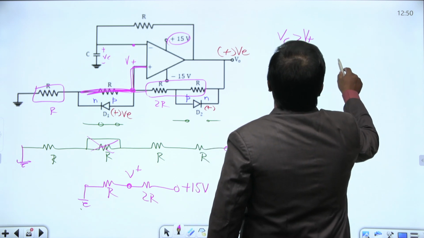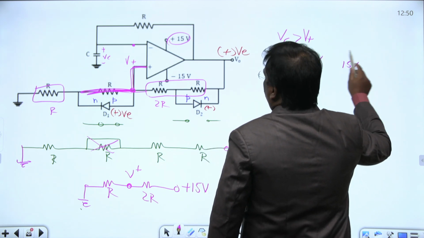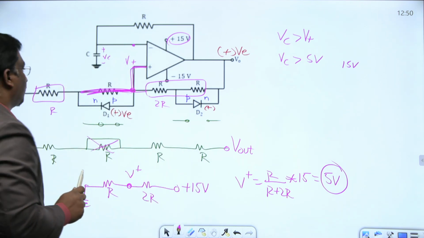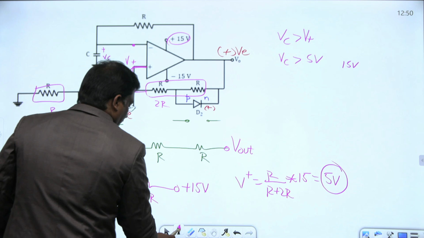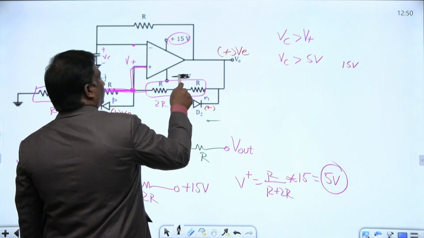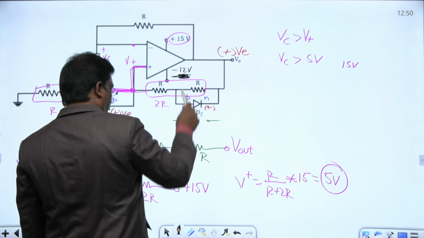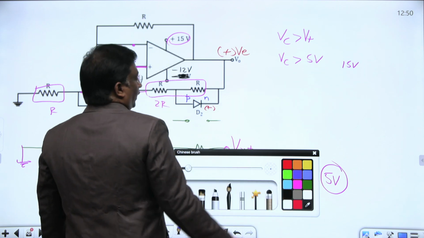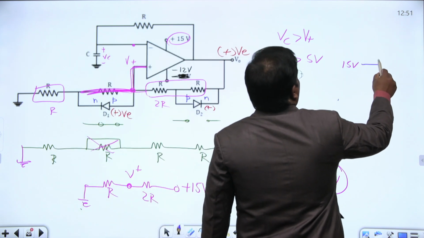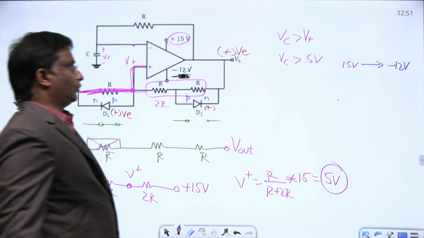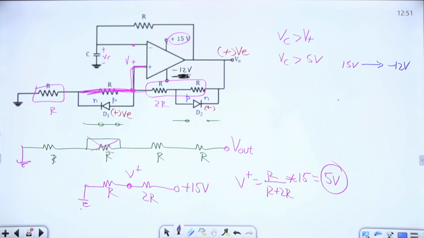then this voltage moves from 15 volts to minus 12 volts. A small modification here, sorry: in this one, you consider this voltage given as minus 12 volts. That's the data given in the GATE question. Then it moves from 15 volts to minus 12 volts.